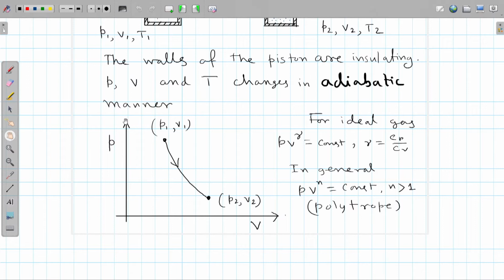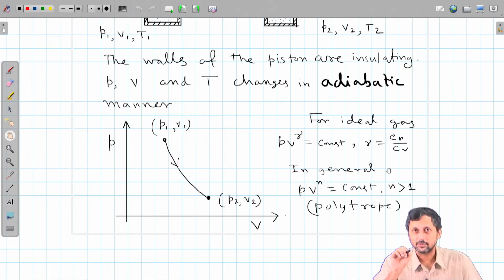Now in a PV diagram, like the isothermal process, we can also draw the indicator diagram for an adiabatic process. Only thing is, in this case the slope will be more as compared to the isothermal process. I have not decided yet, maybe I will just give it to you as a problem.